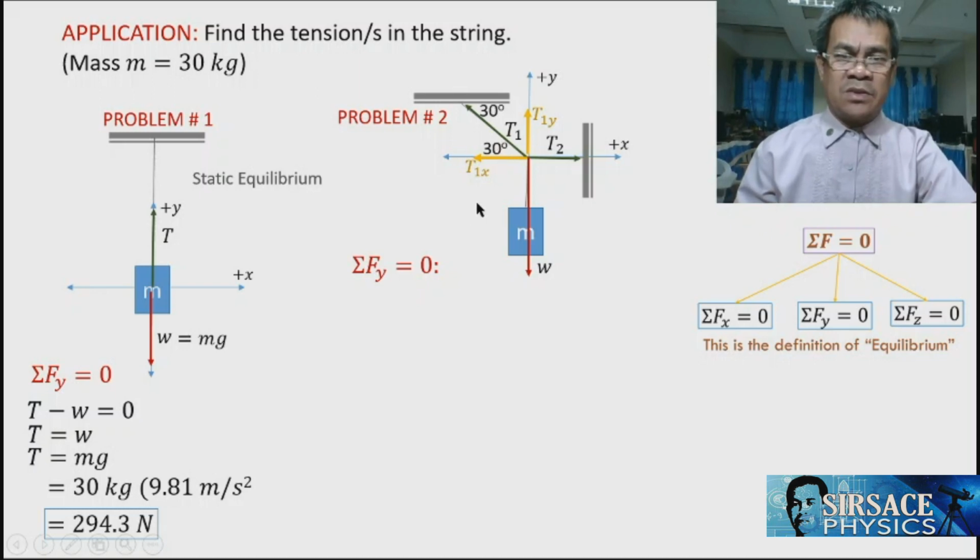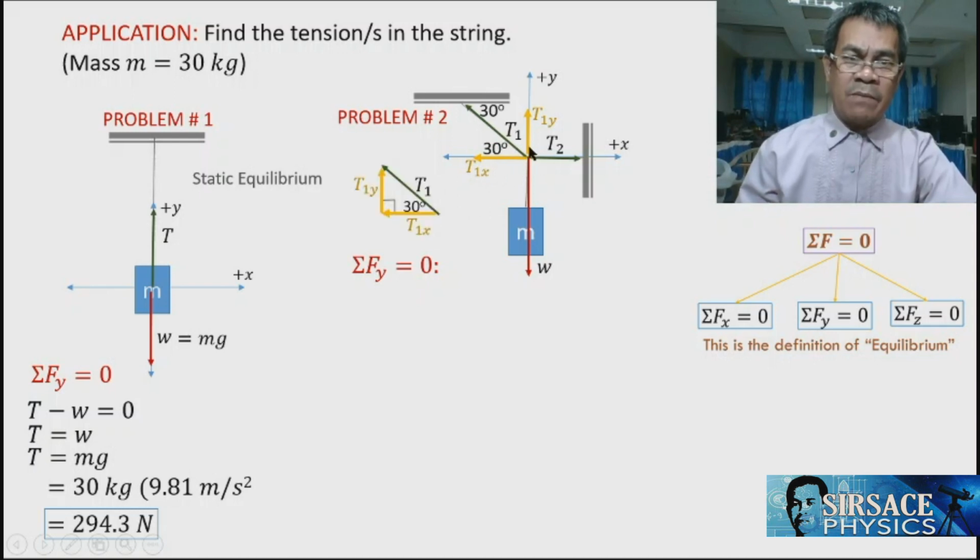Constructing the polygon of T1 in terms of its components, this is the result. From the tail of T1, horizontally construct the x component with magnitude and direction, then connect the tip of T1x to the tail of T1y, then construct it towards the tip of T1. So we are creating a right triangle.